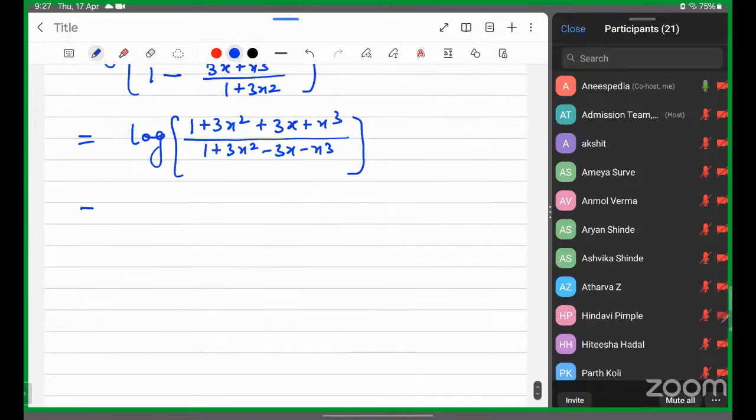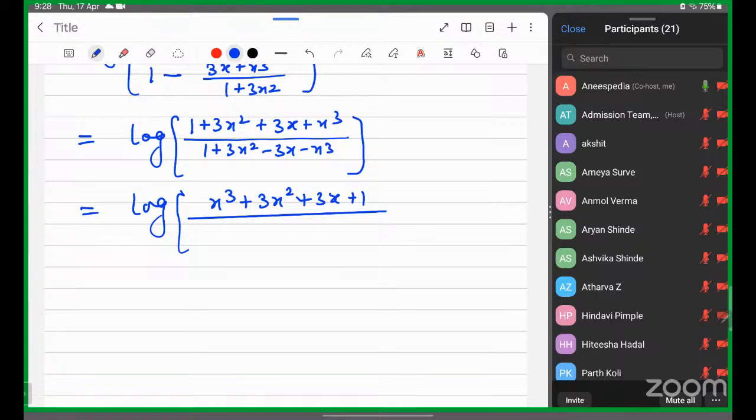So this will be log of x cube plus 3x square plus 3x plus 1 divided by, if you arrange the minus sign, x cube minus 3x square minus 1 plus 3x. Take minus outside.